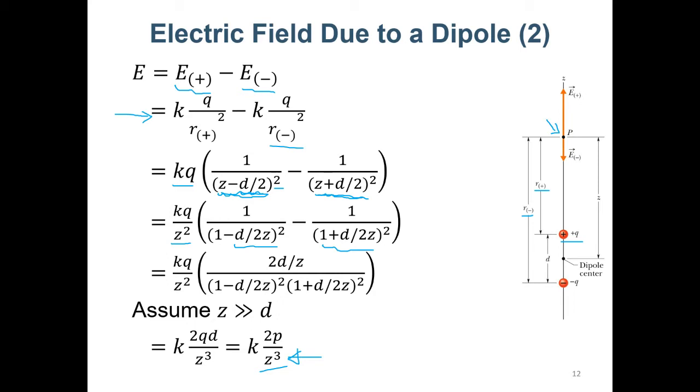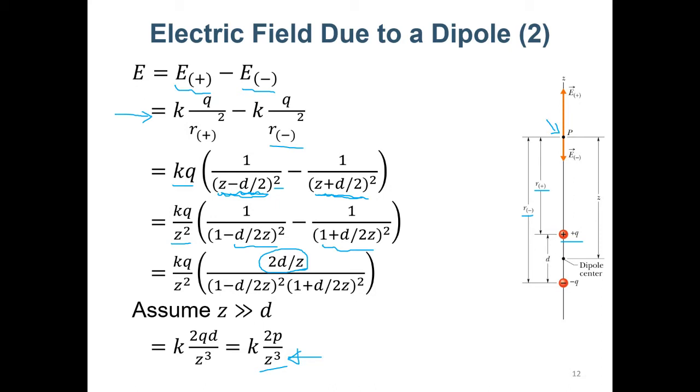You use this formula so that you know that the numerator will become 2d over z, because actually we have 1 plus d over 2z, so we have 1 plus d over z plus d squared over 4z squared, and minus 1 minus d over z plus d squared over 4z squared.